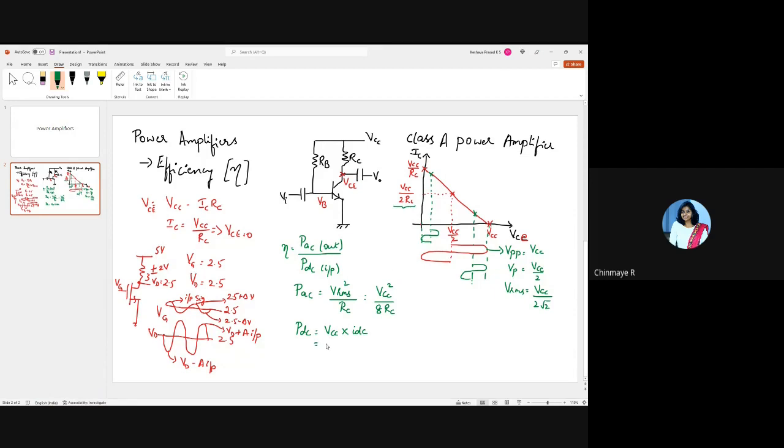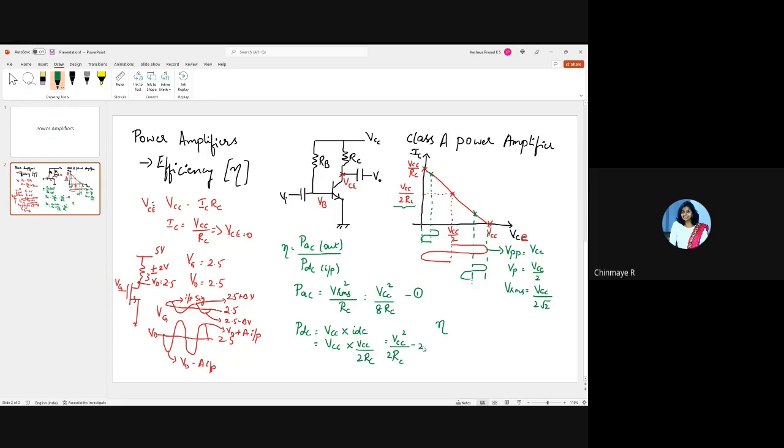So therefore, this can be written as VCC into VCC by 2 RC, which is VCC squared by 2 RC. Correct?